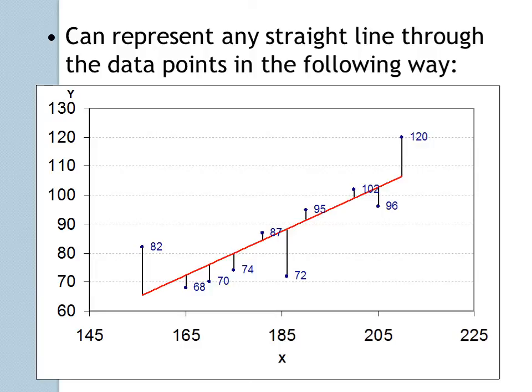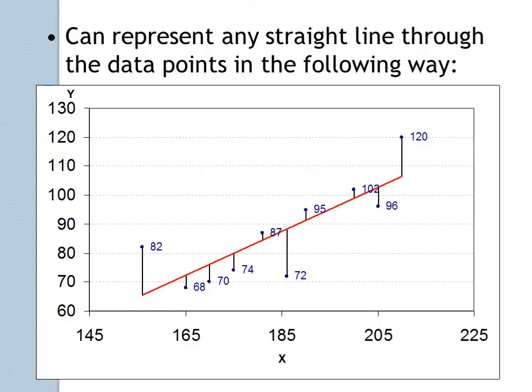Now the red line is supposed to be representing what the predicted y value should be given the value of x, and what we do is we calculate the difference between each data point and what its point should be on the red line. So for example, if you look at the point on the left, which is 82, we are calculating the difference, which is represented by that black line that is connecting the blue data point with the red line.